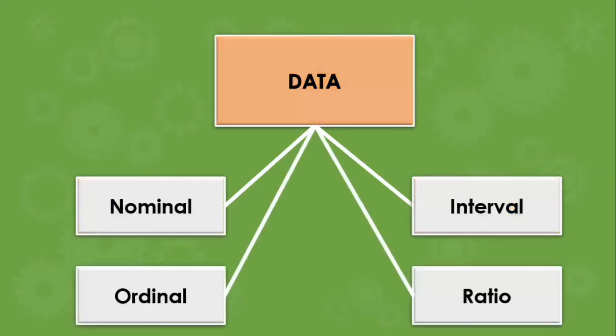Now, the second scope of statistics is data. As you can see, there are four types of data and measurement scale. We have nominal, ordinal, interval, and ratio. Nominal data are used for labeling variables without any quantitative value.